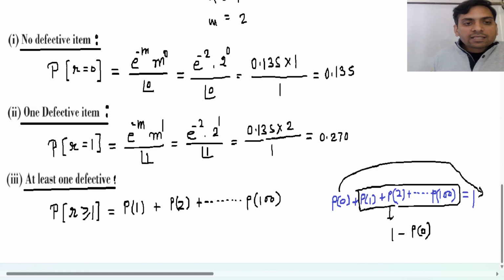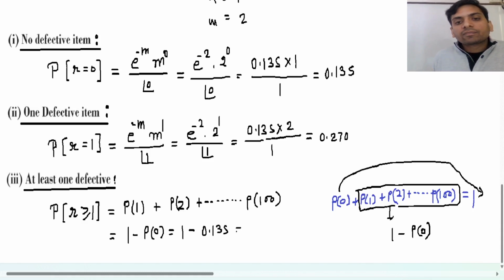So you can write this complete part as 1 minus P0. Now you will apply the formula only for P0, and for this question, we have already calculated P0, the probability of 0 defect. Clear? So directly you can write this as 1 minus the probability of no defect, the probability of 0 defect. That is what?